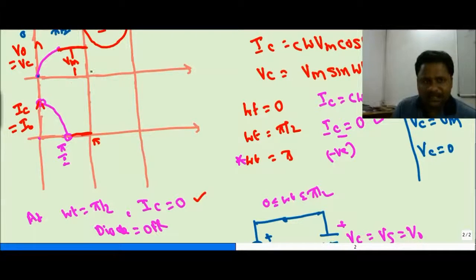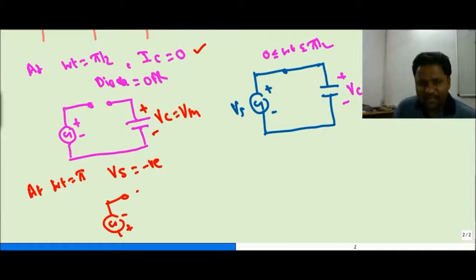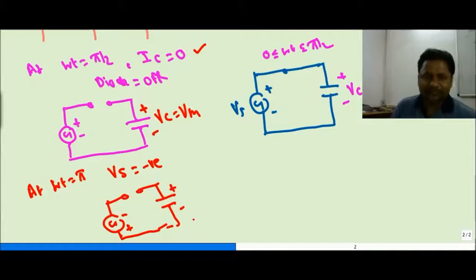Similarly, at omega t equals pi, the supply voltage is negative, and there is no current flowing in the capacitance, and the capacitance has no path to discharge its energy because the diode is off.